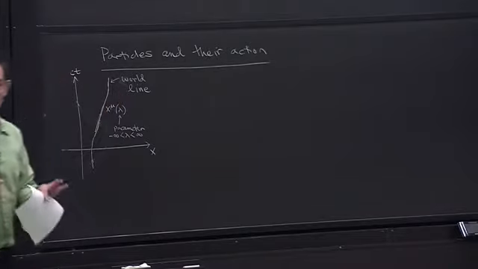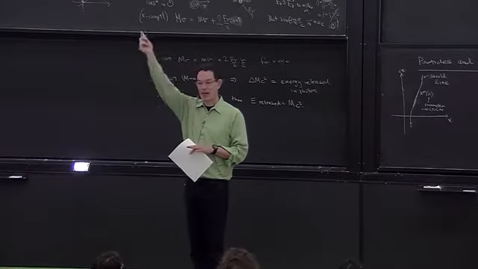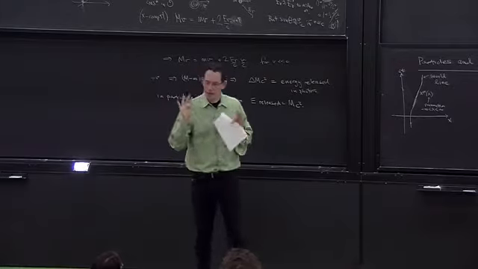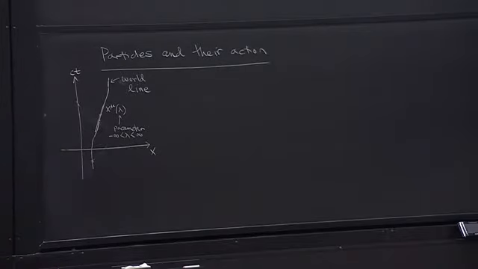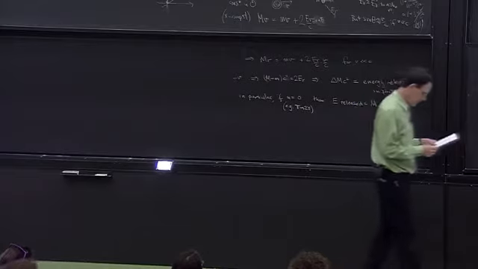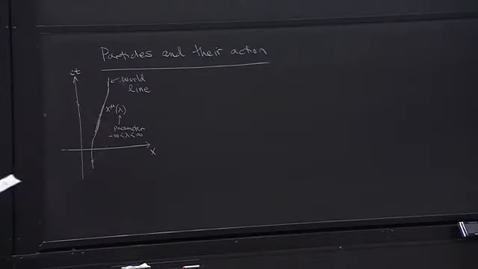That would just be a bad choice of parameterization of the world line, because now you have two values of lambda corresponding to the same x. So you have to be a little bit careful. When we say we parameterize the world line, you must be careful that each parameter value corresponds to one space-time point on the world line.